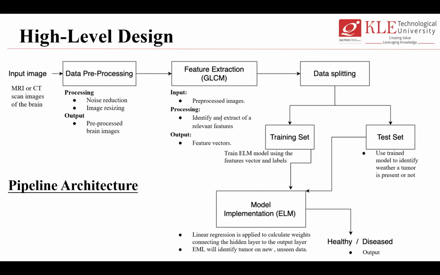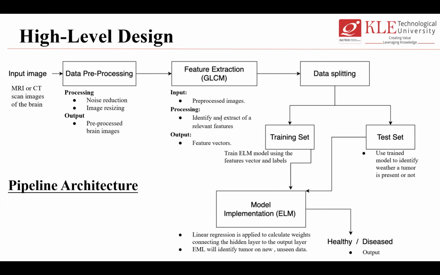This is the high-level design, wherein we have the input image in the form of MRI or CT scan images. We perform data pre-processing using noise reduction and resizing of the image, and the output we get from data pre-processing is pre-processed brain images. We put this pre-processed data into feature extraction, that is GLCM, so that we get good features that will help in accurate diagnosis and identification of the disease.